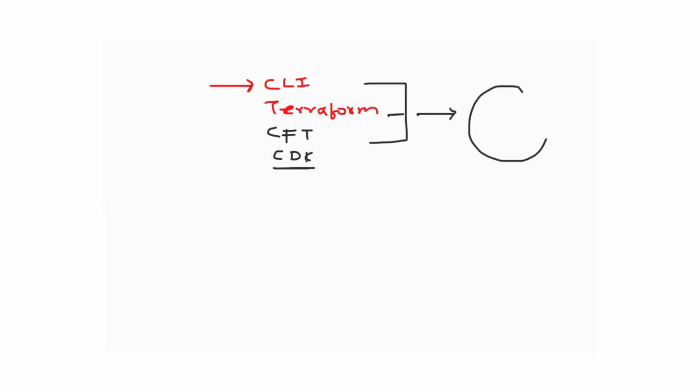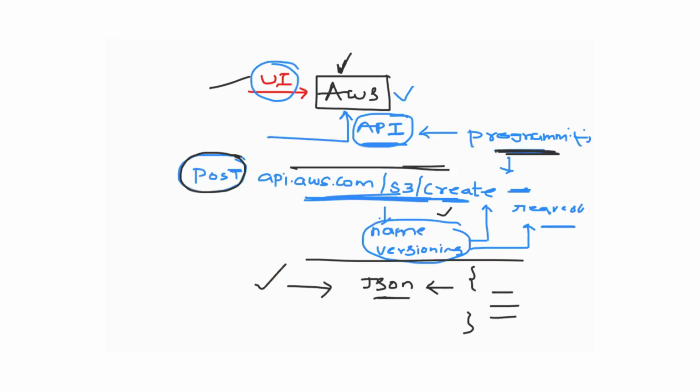All of the tools we have talked about, whether it is CLI, Terraform, or CloudFormation templates, with CDK being an exception, which we'll talk about later, create an abstraction layer on top of this. Instead of you passing all of these things, now you might feel overwhelmed that first of all, I have to call this specific API in my code.